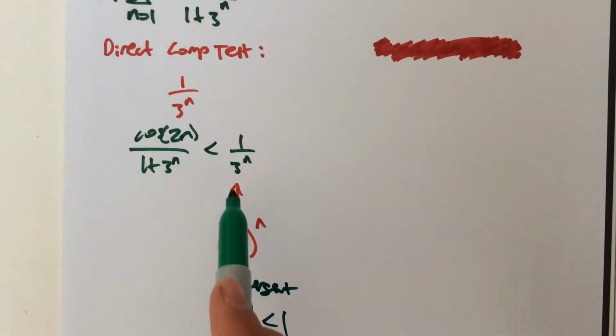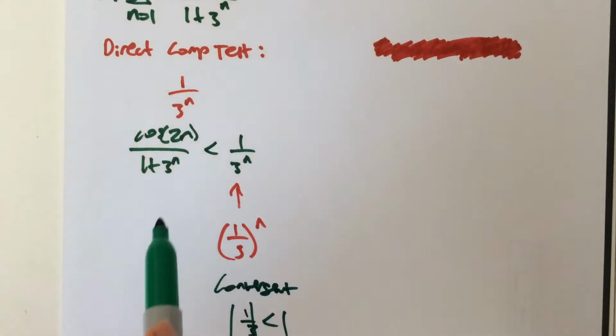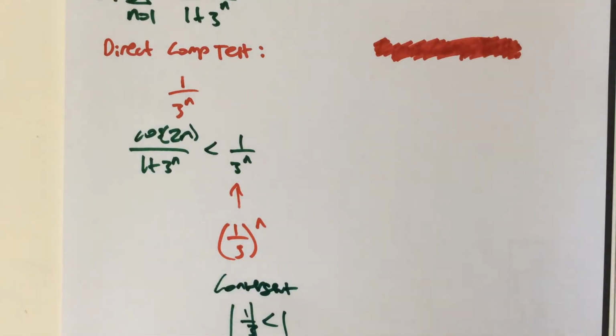So therefore, because this is convergent and this is smaller, then that means this series is also convergent. And for this problem, you cannot use conditional or absolute convergence because it is not alternating, and also you cannot find the sum because it is not directly a geometric series or a telescoping series.